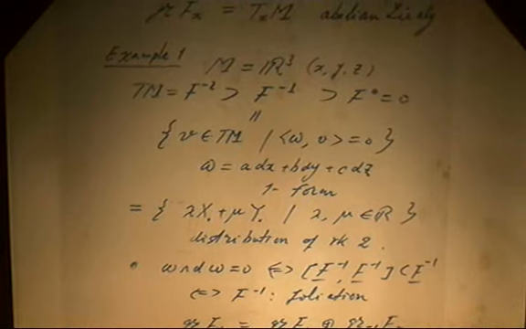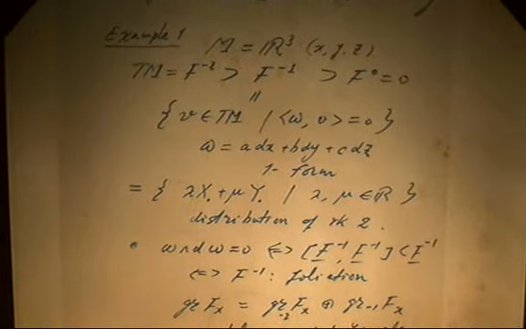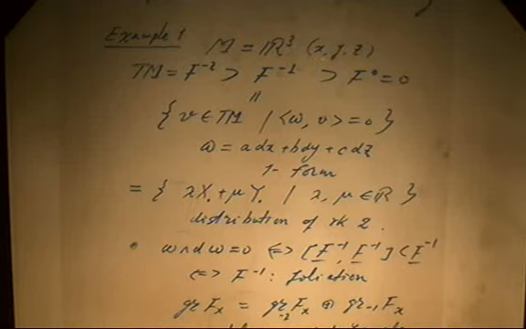The next example: take M to be the three-dimensional Euclidean space with coordinates x, y, z, and in the tangent bundle, I write F^(-2) and let F^(-1) be the subbundle of codimension 1.